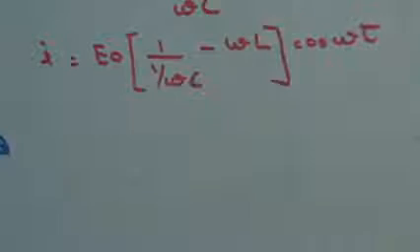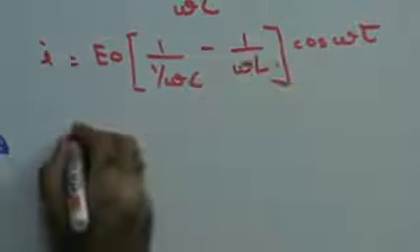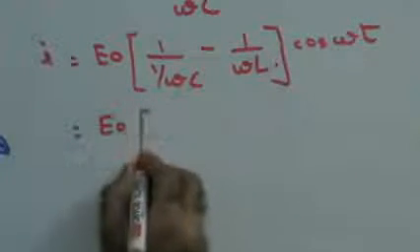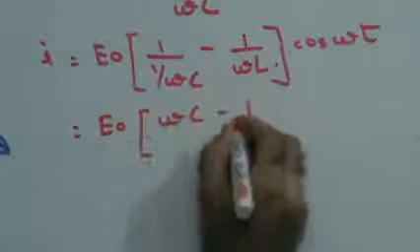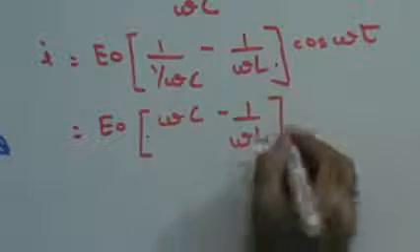Right, the denominator of a denominator becomes the numerator, and it is not omega L, sorry, it is 1 upon omega L. So this can be written as E0 times omega C minus 1 upon omega L, cos omega t. That will be the instantaneous current.